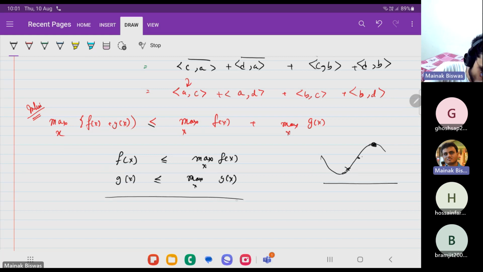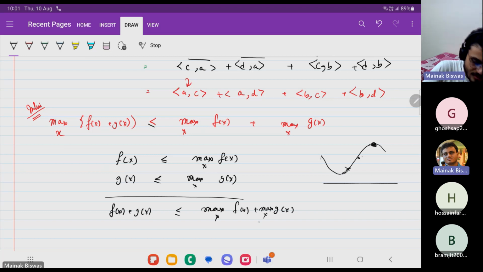So if I add these two, what will I get? f of x plus g of x is less than or equal to max of f of x plus max of g of x. Right? So now, how will I complete the proof? I have to bring a max on the left side. Why will I be able to bring the max?